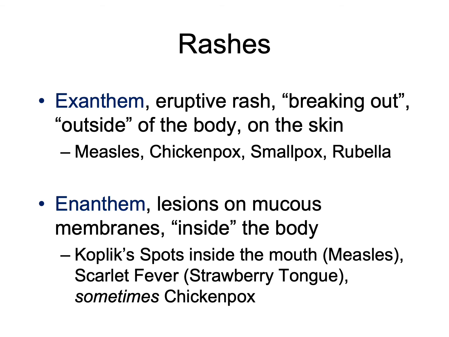Scarlet fever is inside, causing what's called strawberry tongue. And when we talk about scarlet fever and diphtheria in the next chapters, you will see an image of strawberry tongue. Sometimes chickenpox can be inside the body as well and move inside the body to the mucous membranes.